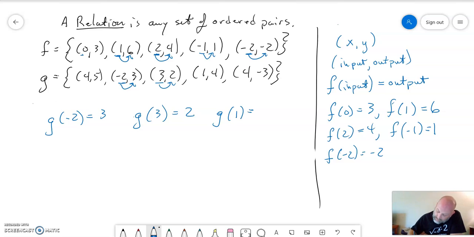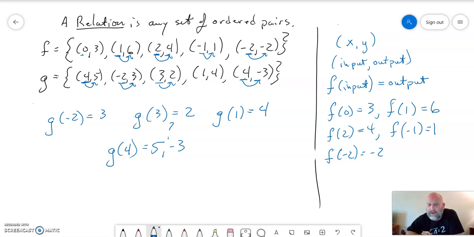G of 1 is equal to 4, but we have this issue here. G of 4 is here, and I have a 5. But I also have it listed over here, and it gives me a -3 as well. So there's a little bit of confusion about what comes out of this thing. Is this a 5 or is this a -3?